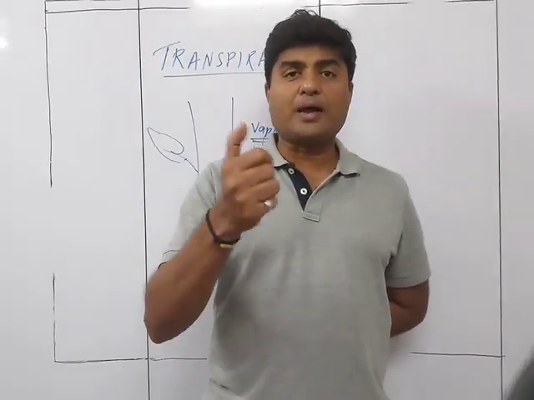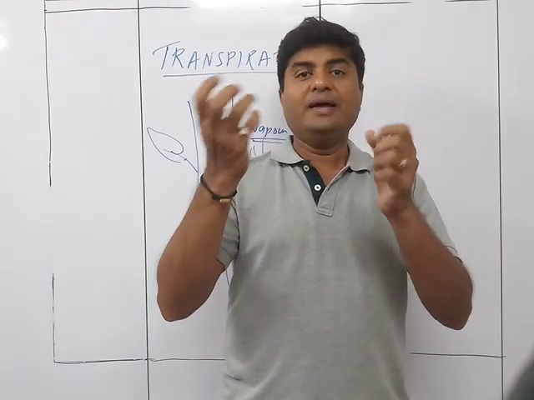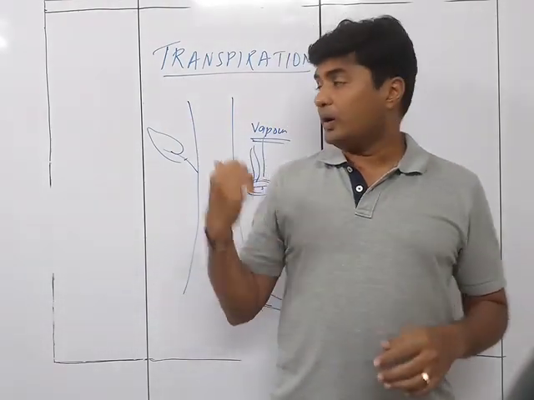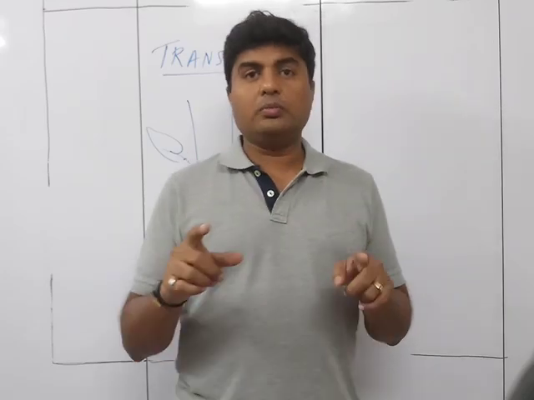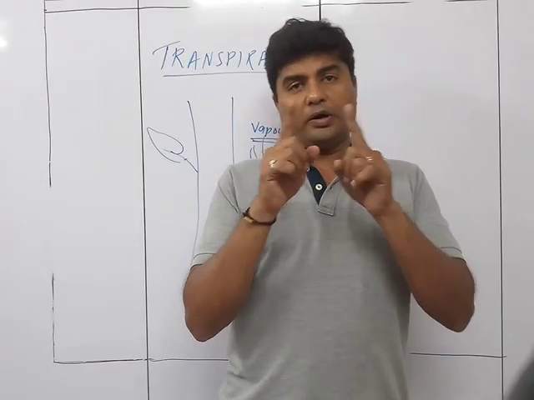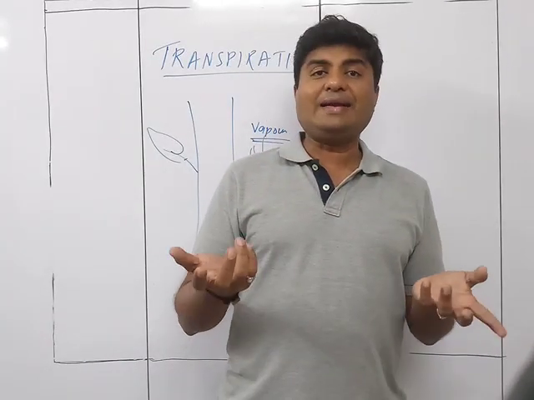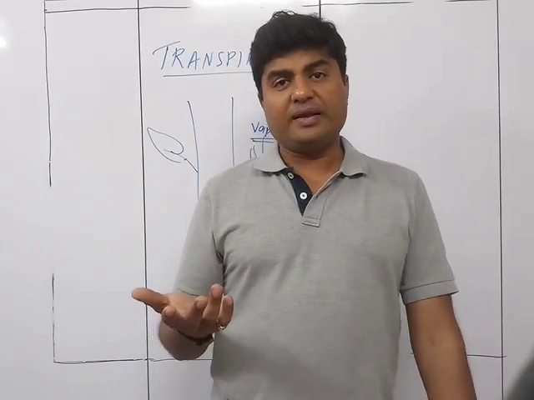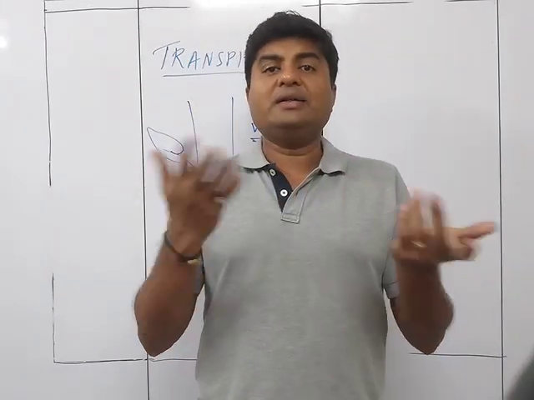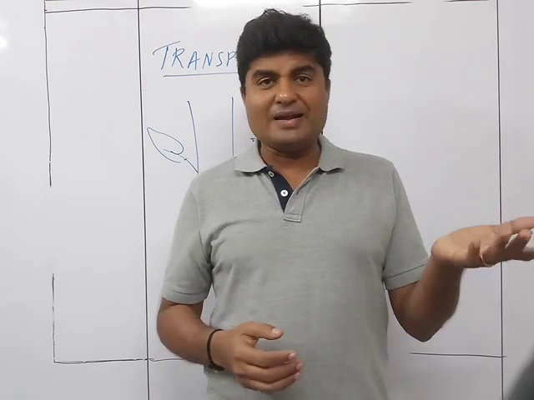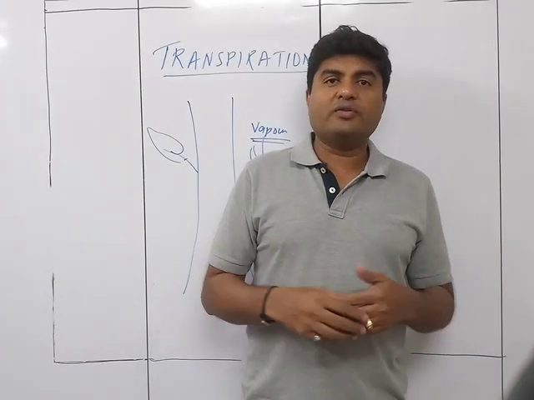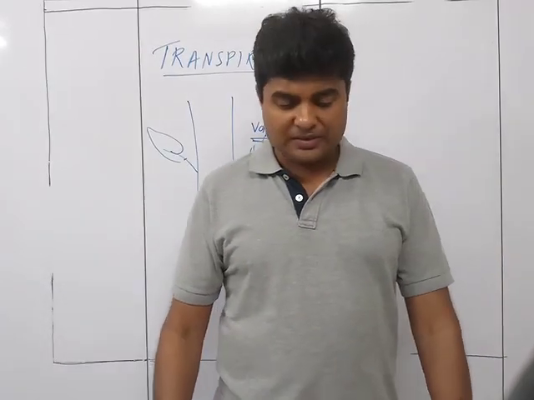When the stomata open for carbon dioxide, the water vapor escapes. As long as the stomata are open, the water will keep on escaping. But at night time, photosynthesis doesn't take place, hence the stomata are closed and transpiration doesn't take place. So sunlight is one of the factors on which the transpiration rate depends.